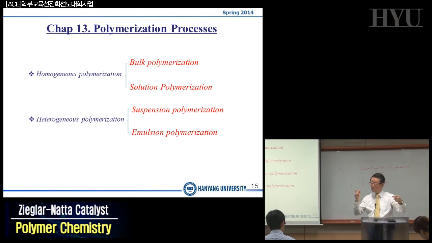Okay, that's the advantages. What about the disadvantage of this solution polymerization system? Efficiency. Efficiency might be an issue. What do you mean by efficiency? Polymerization efficiency? Yes, in terms of, you learned about the chain transfer to solvent, right?